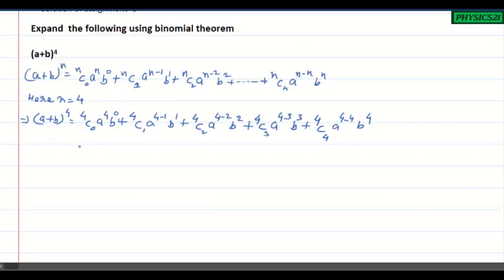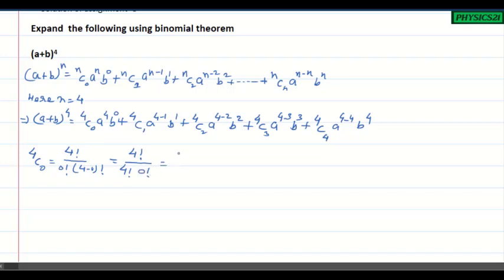In the next step, we will calculate the value of 4C0. It is 4 factorial divided by 0 factorial times (4 minus 0) factorial. It will be equal to 4 factorial divided by 4 factorial and factorial 0.